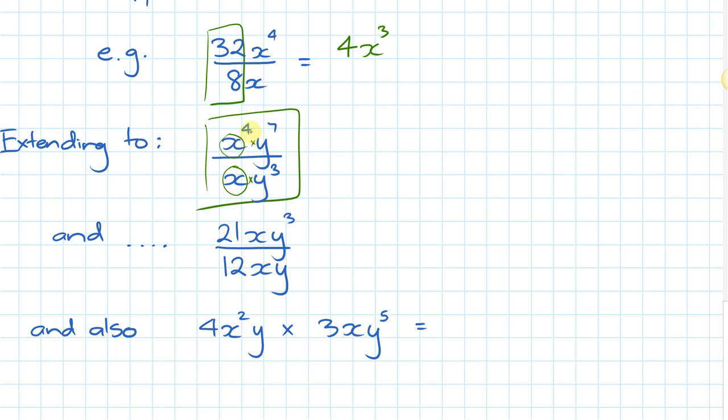Okay, so x to the power 4 divided by x. I'm just going to put my division bar in. I will end up with x to the power 3 here. Now I'm looking at my y's. So y to the power 7 over y cubed gives me y to the power of 4. And you could have a go at those last two.